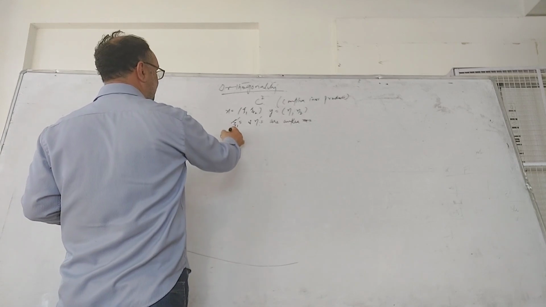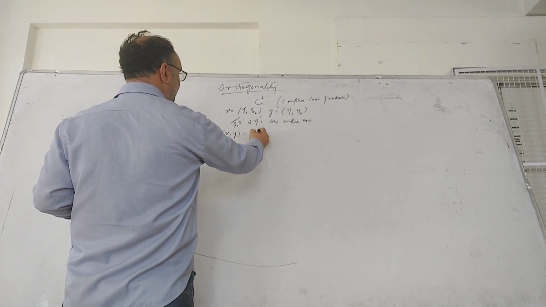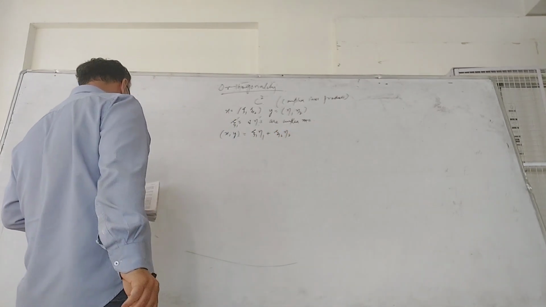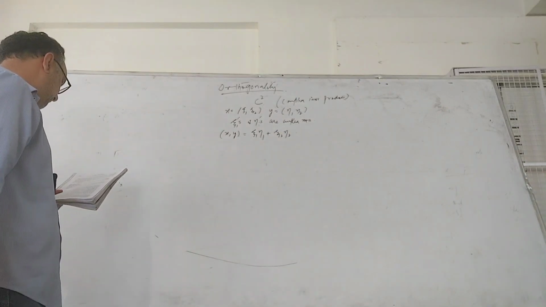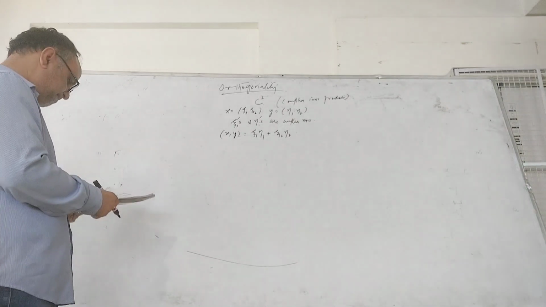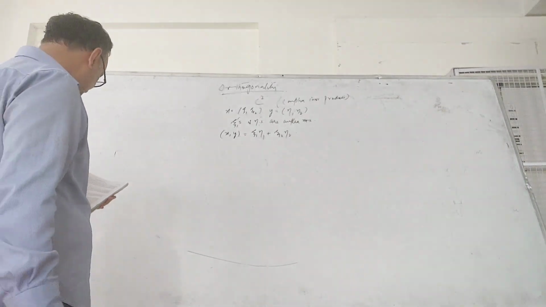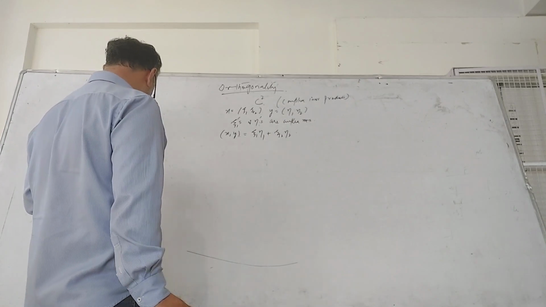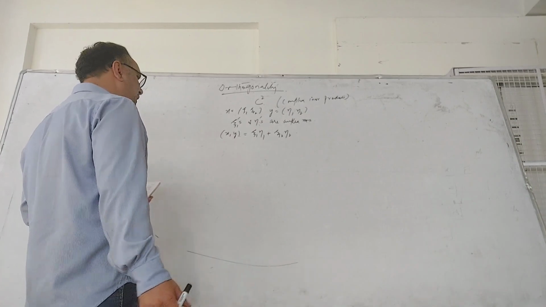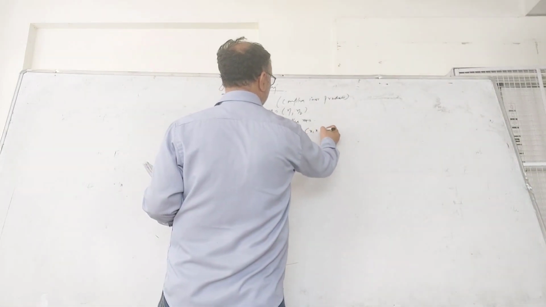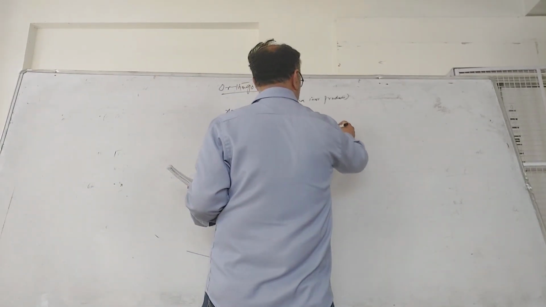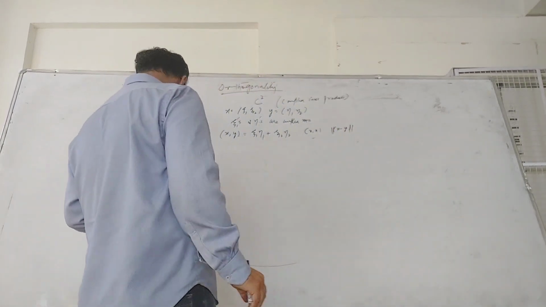The inner product of x and y can be written as zeta 1 eta 1 plus zeta 2 eta 2. The expressions for x and x, and x minus y, can be used as sensible measures of distance.